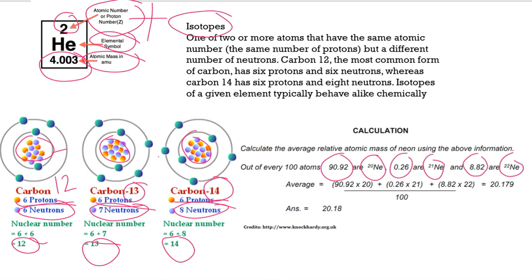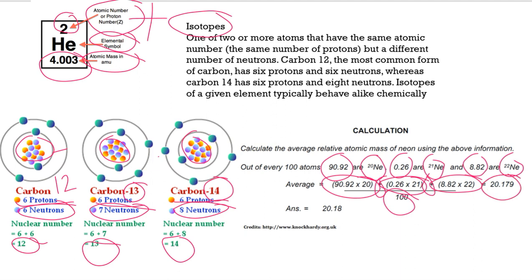What do you do? You multiply the abundance by the atomic mass of the atom, and then you add this result to the multiplication of the abundance by the atomic mass of the other, and then you add the multiplication of the abundance times the atomic mass of the other, and you divide everything by 100 because you used percent, and you get a number.